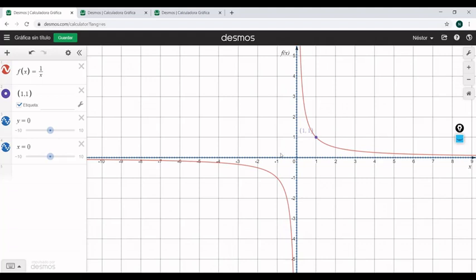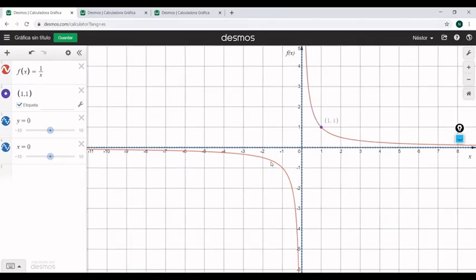Now, if you notice, the same would have happened if we went in the opposite direction. What I did before was taking x and making it approach positive infinity. Now I could have done the opposite. I could have chosen a point over here in this branch of the function and made x approach minus infinity.